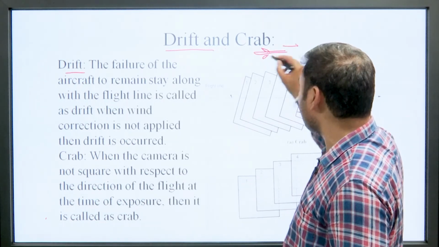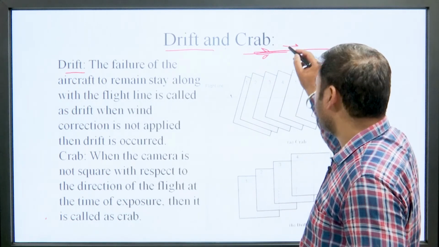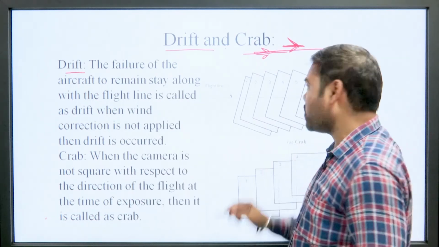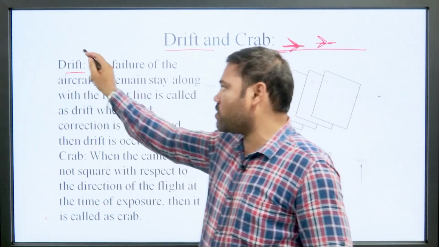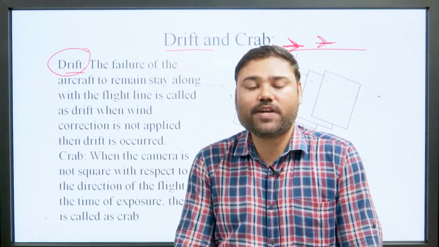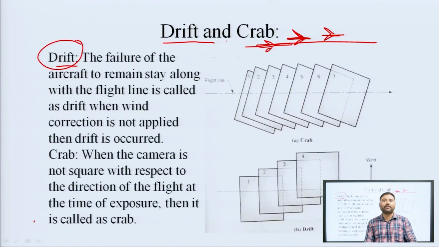This is a line of flight, and due to wind direction, as we discussed earlier, it can deviate from its path, and this phenomenon is known as drift. So, drift can be defined as a failure of an aircraft to stay along the flight line.